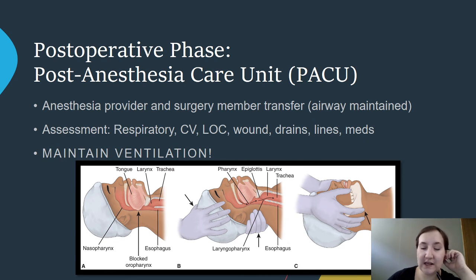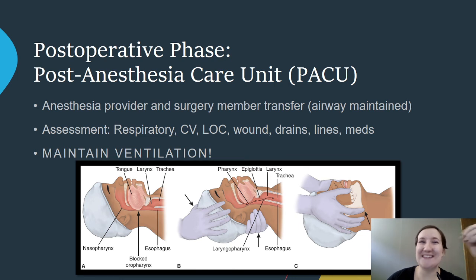And sometimes I would get report from the PACU nurses that this patient had 4 incision sites, and I'd get my patient up to the floor and they would have 5, or I would be told that they'd have 1 drain and they'd come up with 2. I would be told that the sites are closed with sutures and they'd be closed with staples. You know, just that sort of thing.